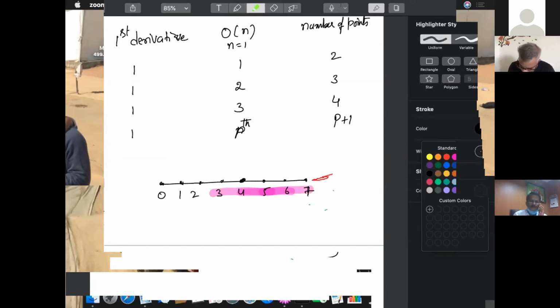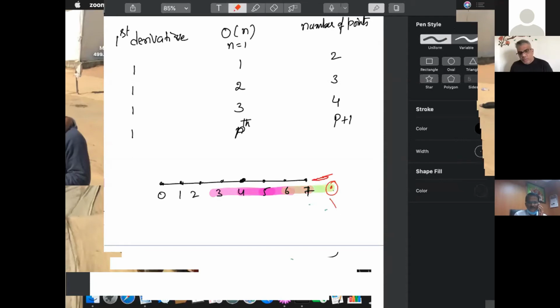If you are calculating derivative at 7, you need 6, 7, and 8. You need a point over here, which is not available. So the gradient evaluation at the boundary points becomes a problem as your order of accuracy increases.